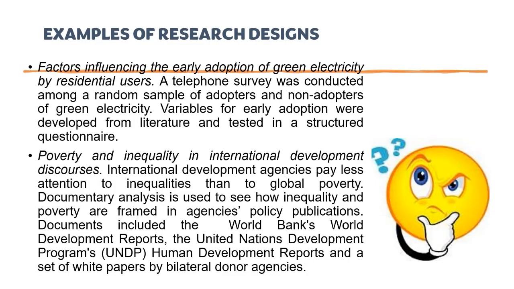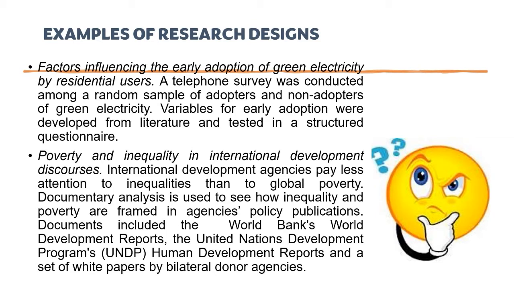Let's look at two examples of a quantitative research design that comes from published research, so that we can see those characteristics for ourselves. Here's example one. This person wanted to look at factors that influence the early adoption of green electricity by residential users.